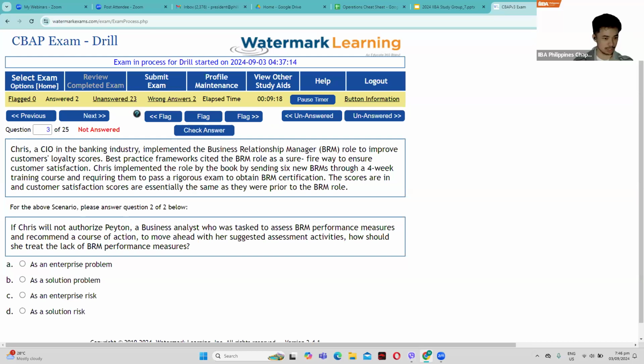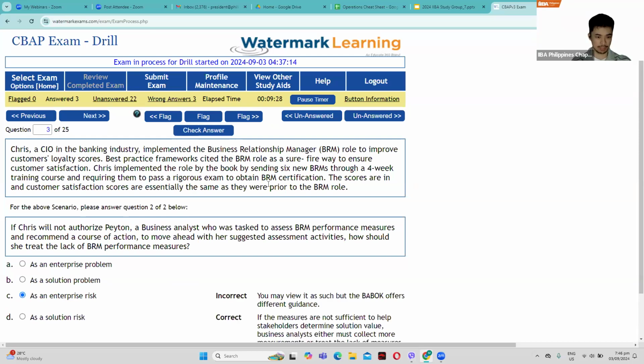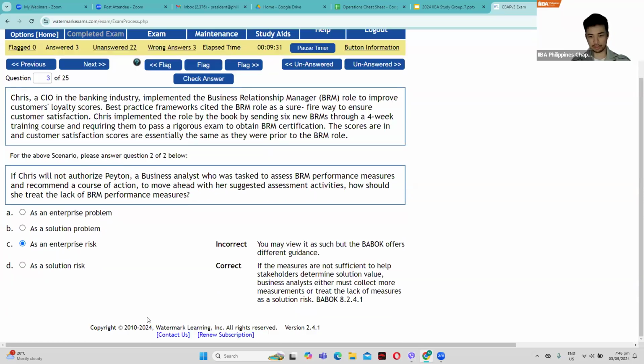Moses says it's a risk and it's an enterprise risk. Thank you, Moses. Let's move forward with that answer. That is incorrect. It has to do more with the solution. It's a solution risk. If the measures are not sufficient to help stakeholders determine solution value, business analysts either must collect more measurements or treat the lack of measures as a solution risk.